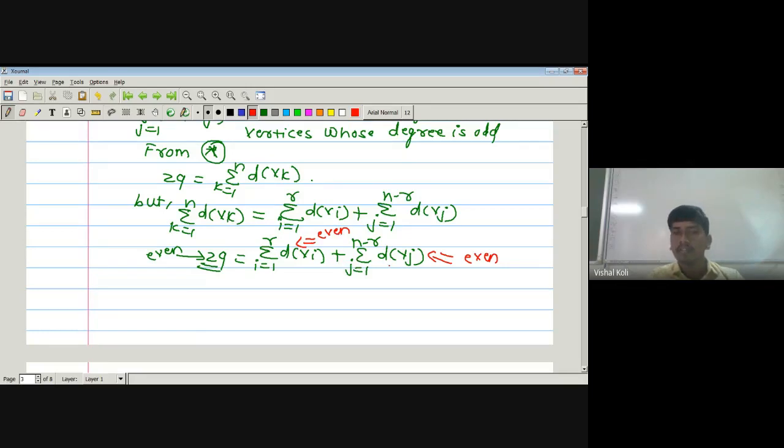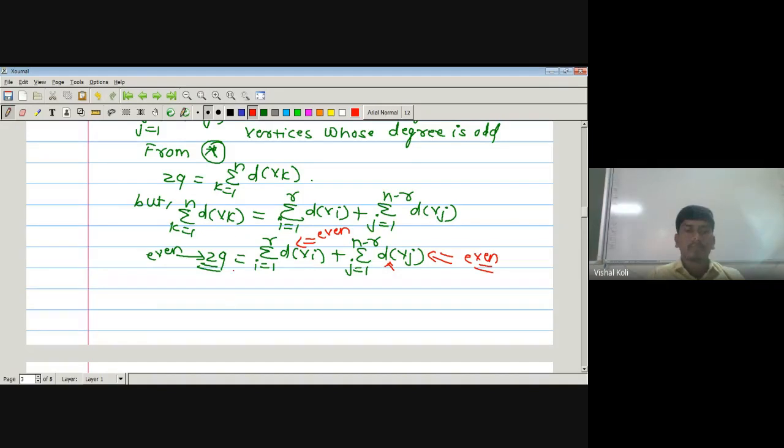Since if we take this one as odd, then odd plus even must be odd, and an odd number is not equal to an even number. Therefore, if we have to make the RHS, the right hand side, even, there is only one possibility: summation j running from 1 to n minus r of d of vj is even. Only then is it possible that the RHS equals the LHS. If this one is odd, then odd plus even is odd.